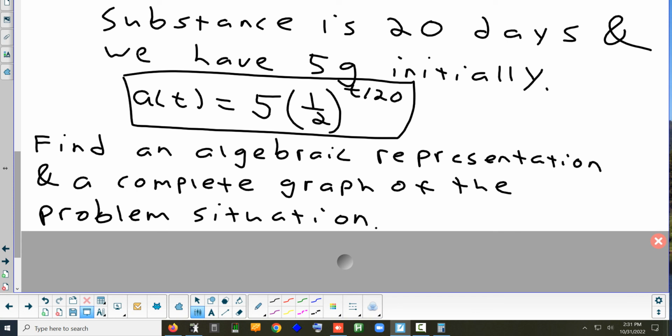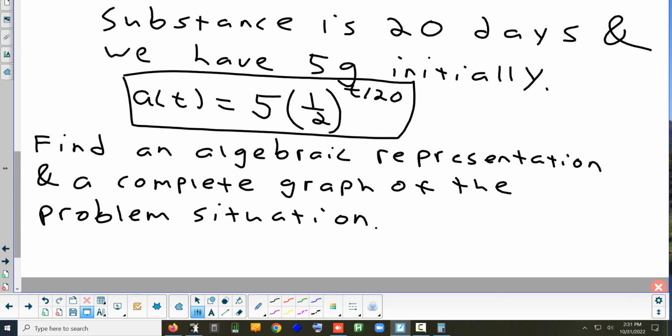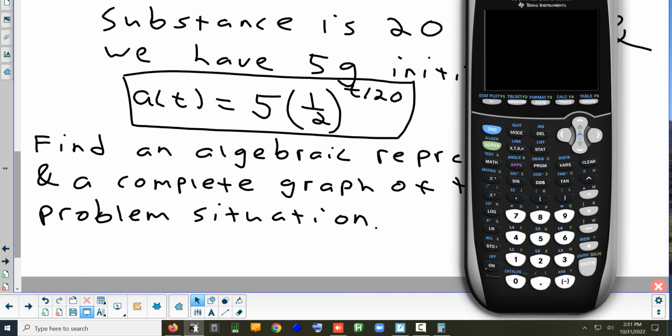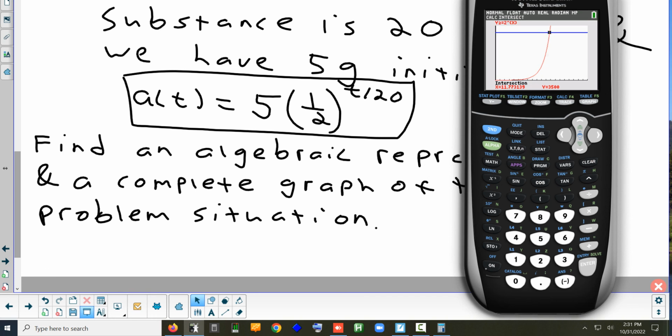So find an algebraic representation. Okay, we did that. All right, let's graph it. Now, this is a decay problem. What's the most amount of substance that we're starting with? 5 grams. So we're never going to have more than 5.